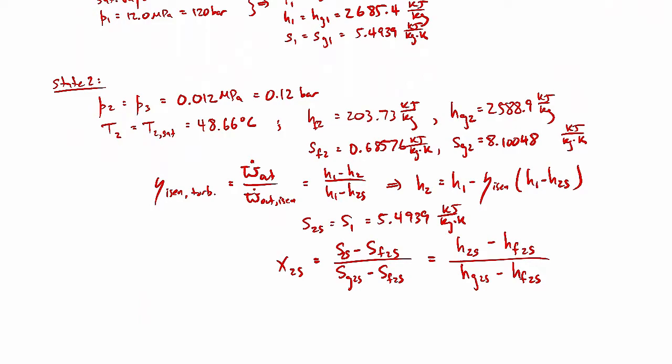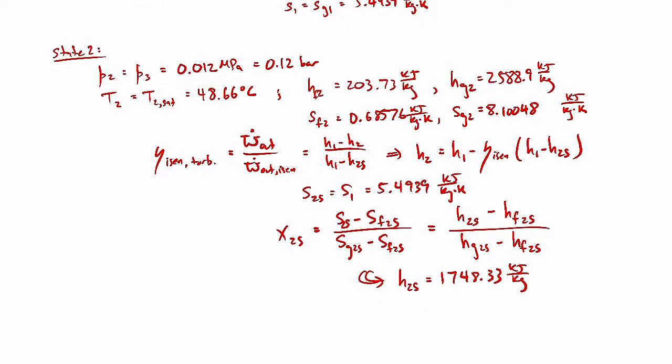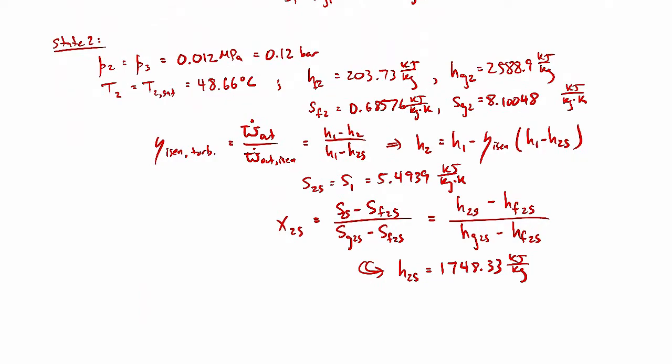So I could substitute all that in to solve for H2s. Okay, if I do that, it's just tedious. Hopefully you understand the concept. That comes out to be 1748.33 kilojoules per kilogram. Now that I have the specific enthalpy for the isentropic case, I can go back up to my expression that came from the isentropic efficiency, plug this H2s right up into there.